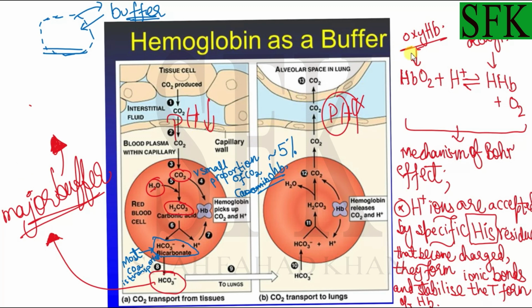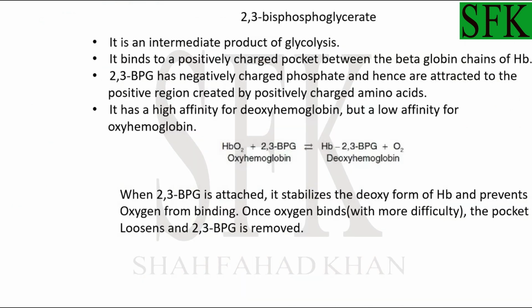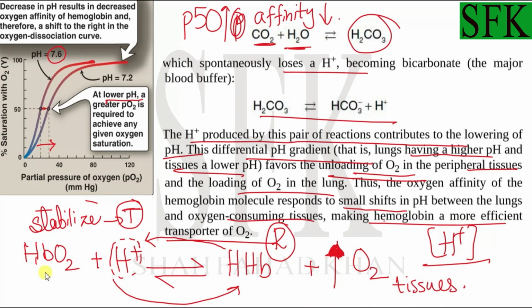And now let's look at the role of hemoglobin to accept H positive ions and to release H positive ions, which also makes the hemoglobin a buffer inside the red blood cells. Because the equilibrium reaction that I've just made over here is actually a reaction of a buffer solution.